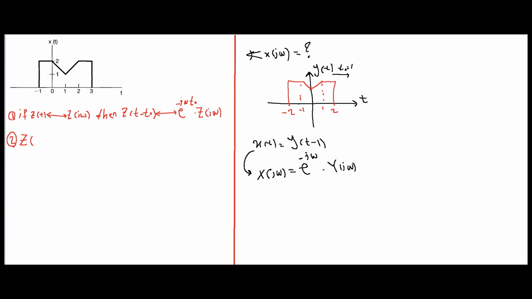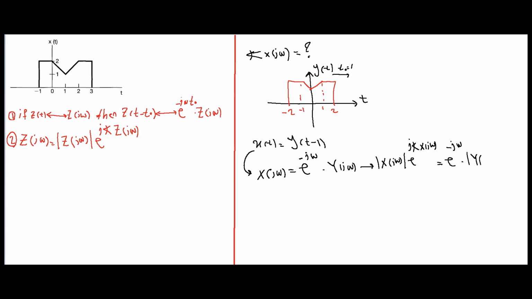Now, according to the second point, any Fourier transform can be written as the magnitude of that transform multiplied by e to the power of j times the phase. So here we can write X(jω) as the magnitude of X multiplied by e^(j∠X). Similarly, we can write Y(jω) as the magnitude of Y multiplied by e^(j∠Y).